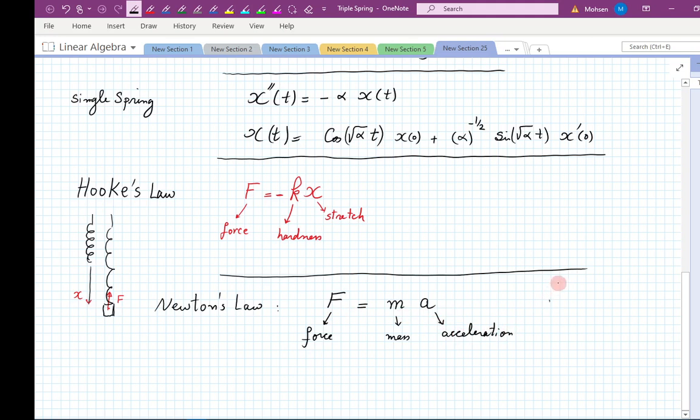Acceleration, you remember x for us is the position. You take a derivative of this, you get the velocity. This is something you study in math classes, engineering classes, physics classes. x double prime is going to be what then? Derivative with respect to time. We're taking the derivative with respect to time. This is going to be acceleration.